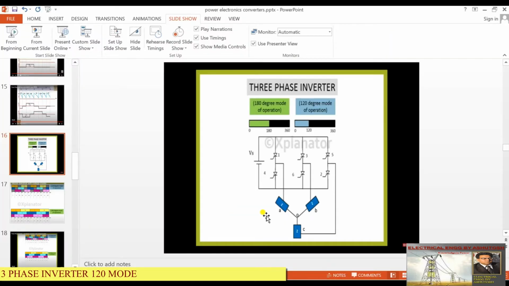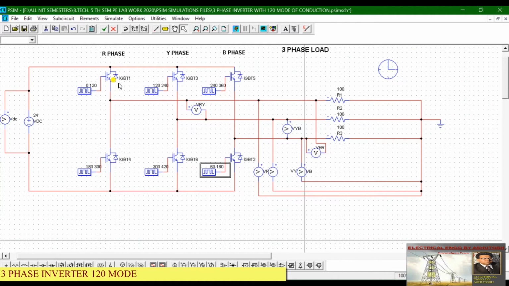As you can see in the diagram, the first leg belongs to the R phase, the second leg belongs to the Y phase, and the third leg belongs to the B phase. And this is our three-phase load, a star-connected resistive load.